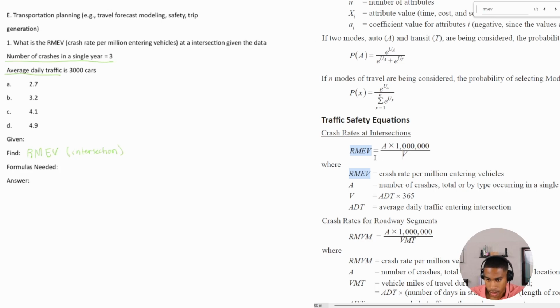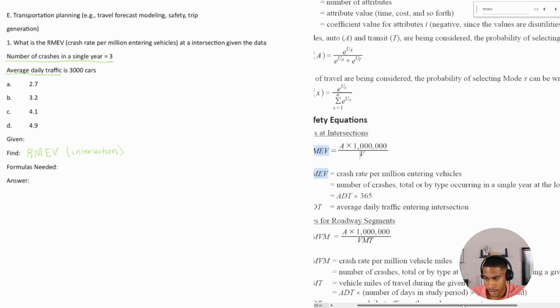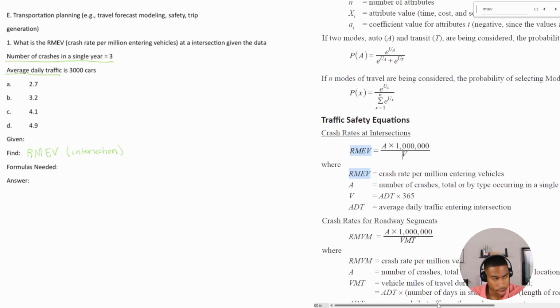Okay, so the variables that we need are A and V. So do we have A? A is the number of crashes in a single year at the location. So we have A, which equals 3. Okay, information is given. This is why we write this stuff out.